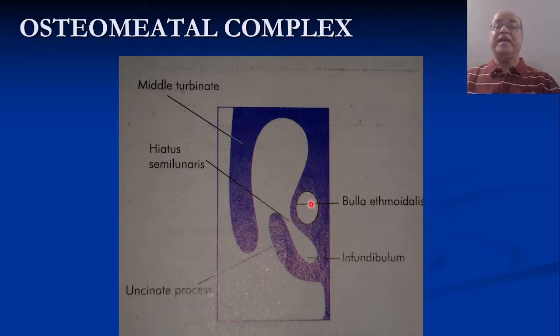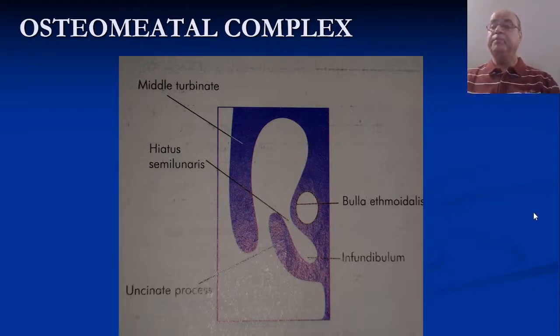Posterior to this one are the anterior ethmoidal air cells, which we call the bulla ethmoidalis, and posterior to this one is the basal lamella of the middle turbinate. So this bulla ethmoidalis is posterior to the uncinate process and anterior to the basal lamella of the middle turbinate.